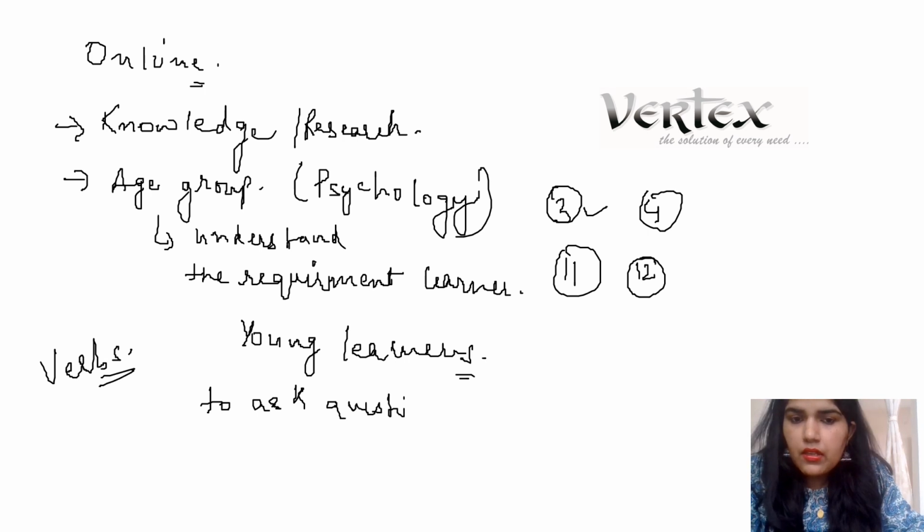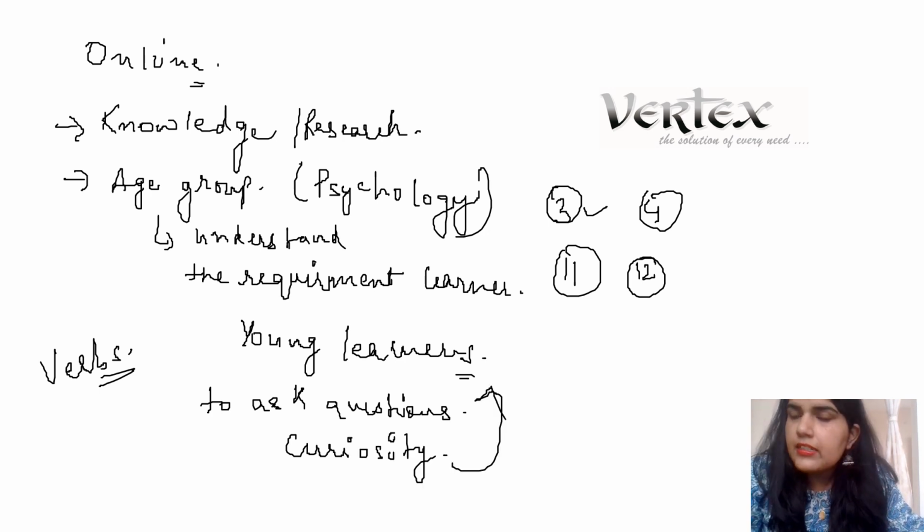And the curiosity level of young learners is much higher than the curiosity level of older learners. The more curious a student is, the more questions the student asks. So encourage your learners to ask questions.